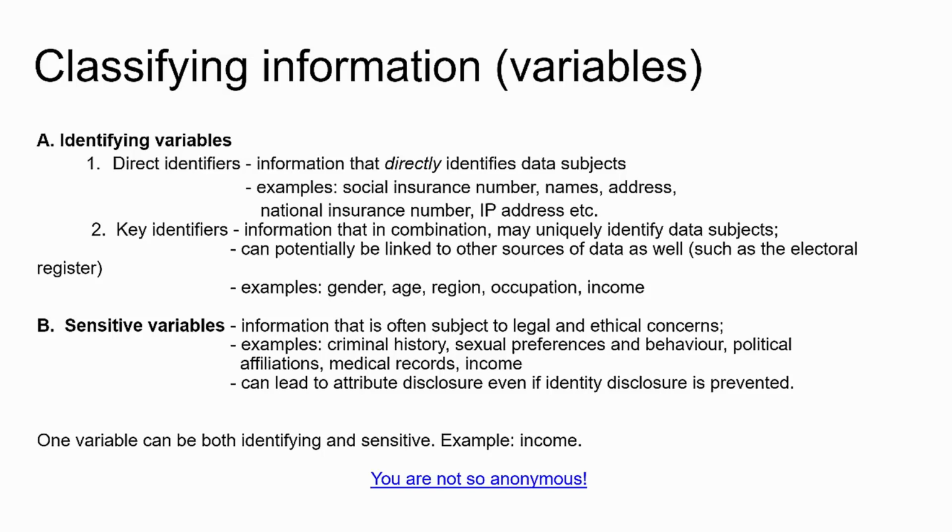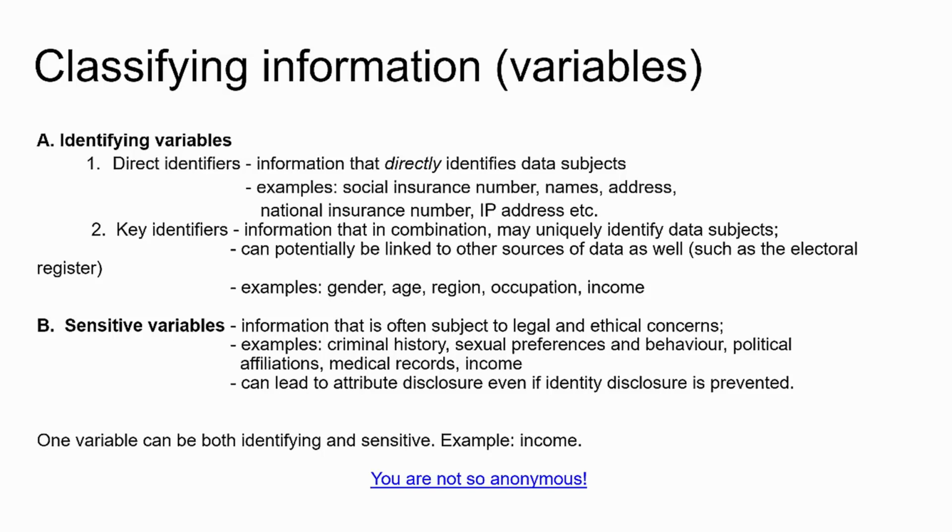This is information that is often subject to legal and ethical concerns. Examples here are criminal history, sexual preference and behavior, political affiliations, medical records, income, and this can lead to attribute disclosure even if identity disclosure is prevented.